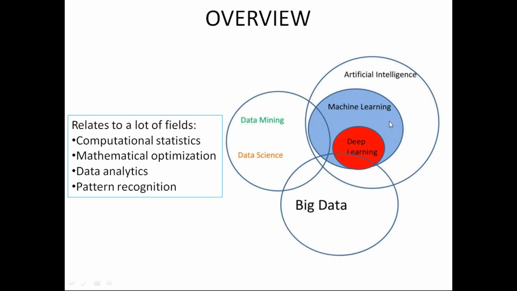So I will just explain this part. Artificial intelligence is a bigger term and a conventional term which has been there for maybe 60 years, from the 1940s, 1950s, when mathematicians came up with this AI term.